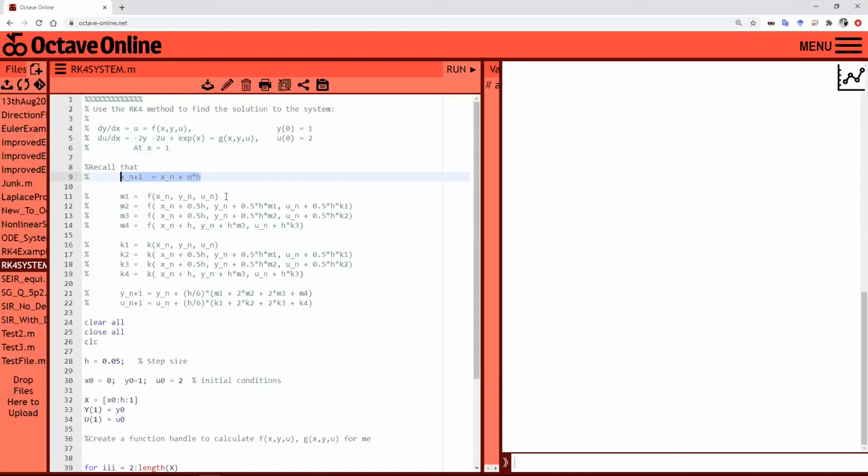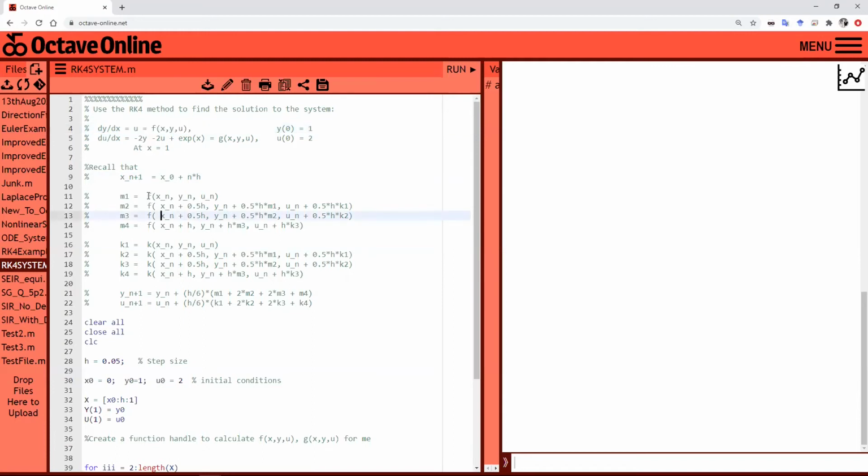So we update the x value, the independent value, as xn equals, well actually this should be x0, shouldn't it? x0 plus n times h. The predictor steps for the first equation, dy by dx equals the function f, are given here.